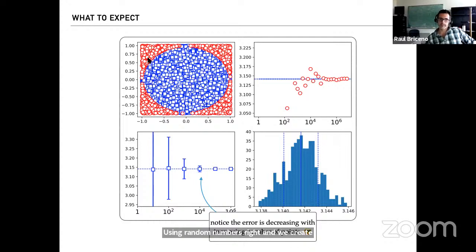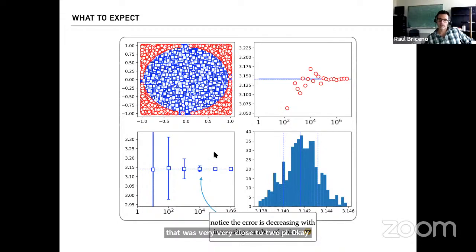We created this little sandpit where you throw random numbers, and if they fall inside the circle, so it's a 2x2 square and there's a circle with a radius of 1, then they become blue. If they fall outside, they're red. Then the ratio between the blue and the total number of points is related to pi. We derived that. You should have seen that as a function of the number of points, you start converging to some number that is very, very close to pi.